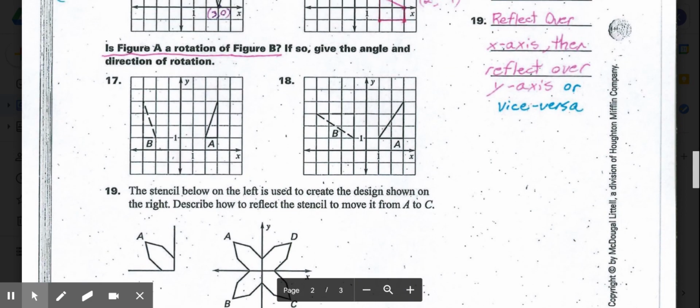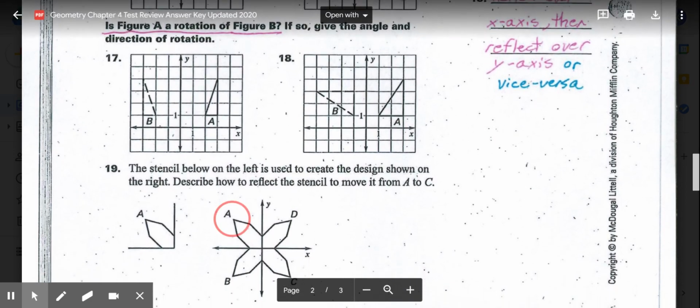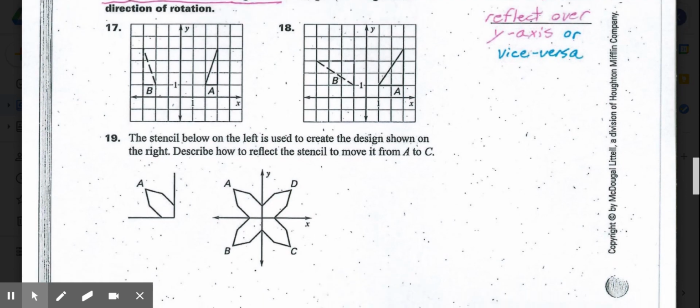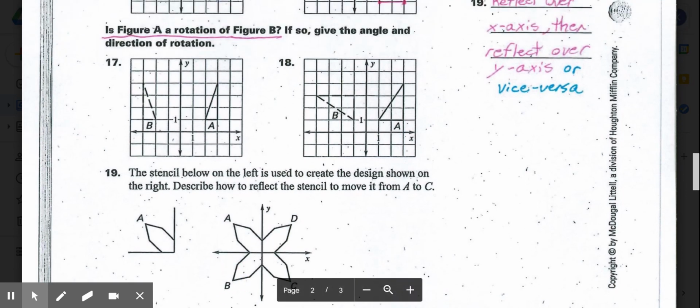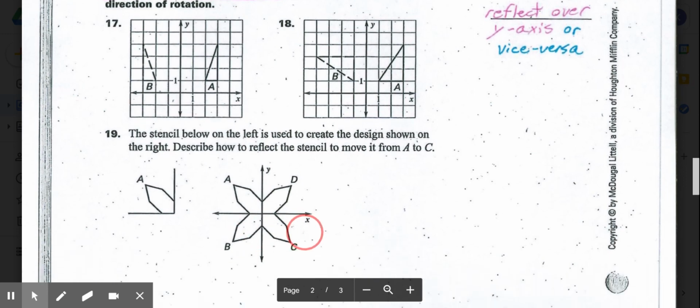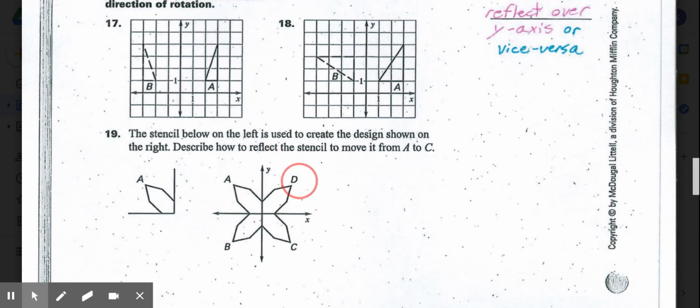So the first thing you do is you would take A and reflect it over the x-axis. That gives us B. Then reflect B over the y-axis to give us C. Or you could go vice versa. A reflected over the y-axis gives us D. D reflected over the x-axis gives us C.